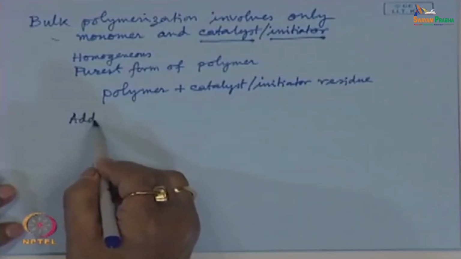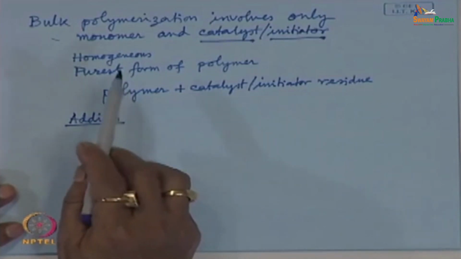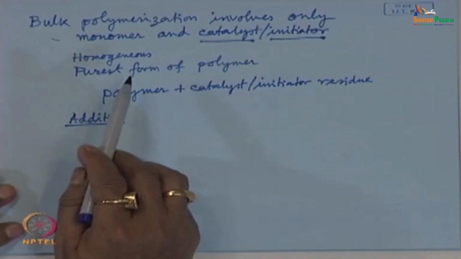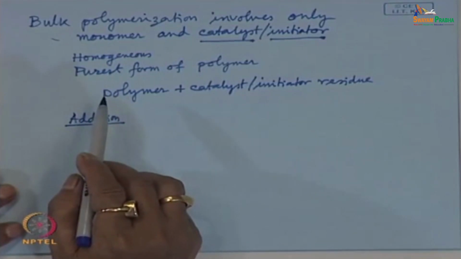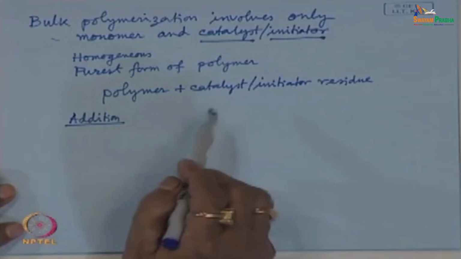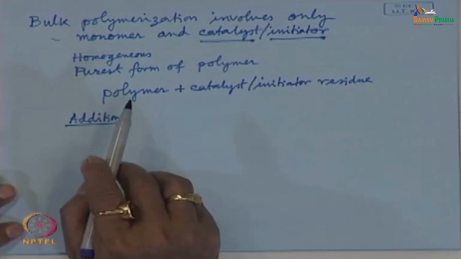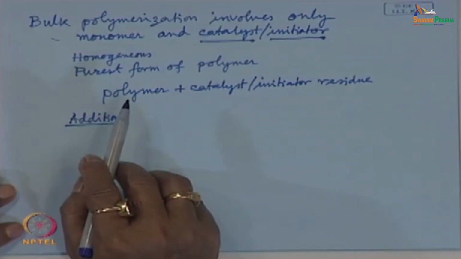Again, the addition chain polymer which is formed remains soluble in the monomer phase, because it is a homogeneous system from the initial starting point to the final polymerization step. So, the polymer remains dissolved in the monomer.